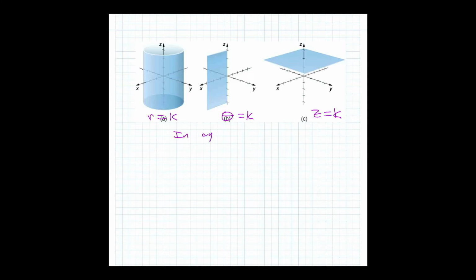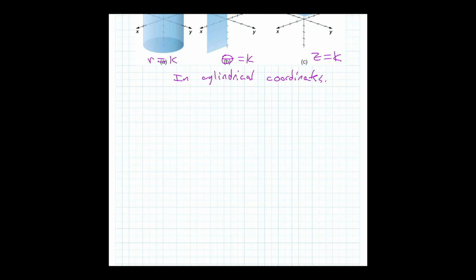I'm just labeling it in case you look later on. All right, and those are cylindrical coordinates. So now what we want to talk about is spherical coordinates. These are the ones that are going to be new to you, probably. Hopefully you saw polar coordinates at some point in your life.